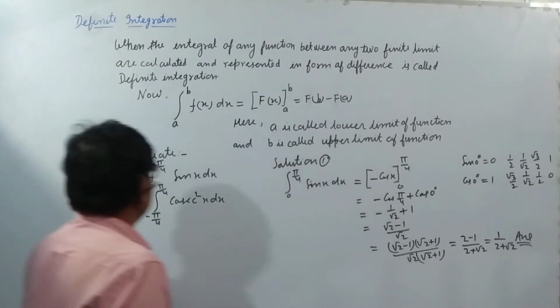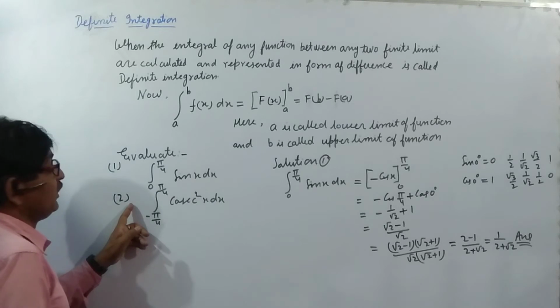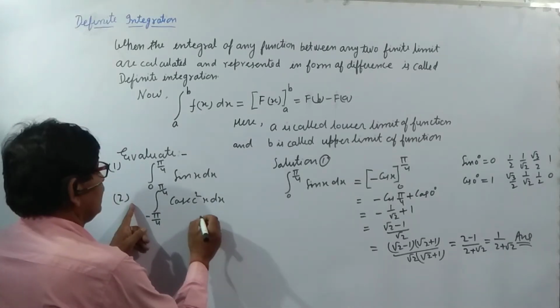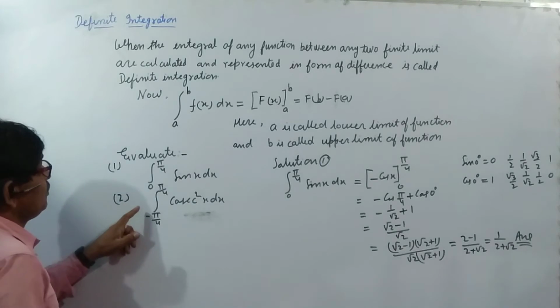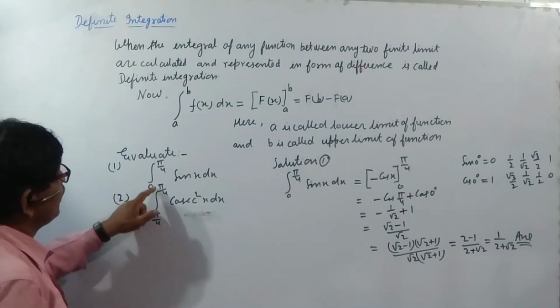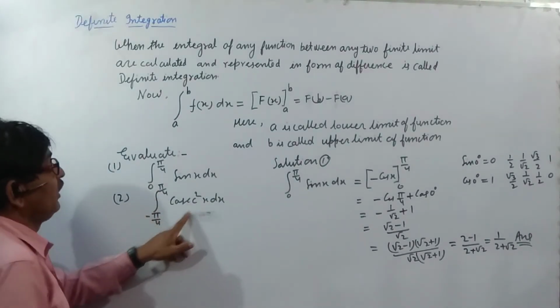Now we take question number 2. This is the integral from minus pi by 4 to pi by 4 of cosec square x dx.